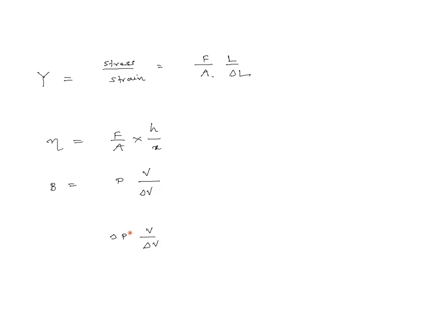If delta P is positive, delta V has got to be negative. So it's pretty obvious that minus has to come here. And for others, you have to keep in mind that answer has got to be positive. These are all positive things. Y, eta, B. Now regarding this point, why are we talking about these two? Why are they different?